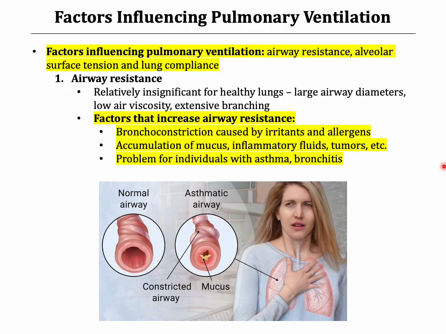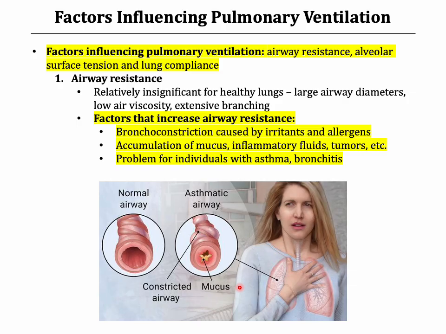But if you're someone that has, say, asthma, or COPD, any kind of issue like that, your airway resistance may be increased compared to others. Individuals with asthma, they either have an allergen or an irritant, even something like cold air can trigger an attack.